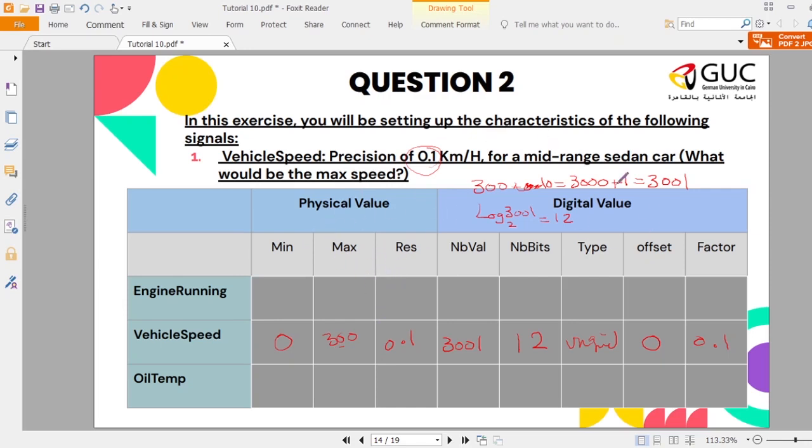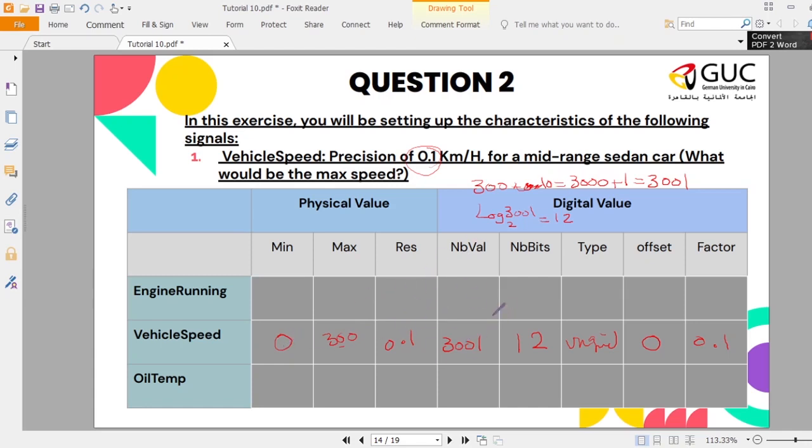We want to know how to decode it into a digital value, so we calculate the total number of values by multiplying the maximum value by our resolution factor of 10, because between each two whole numbers we have 10 steps. Okay, and we add the 0.